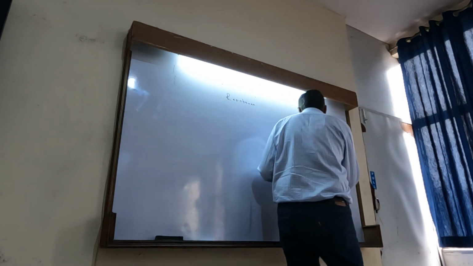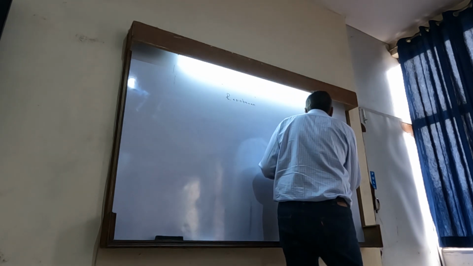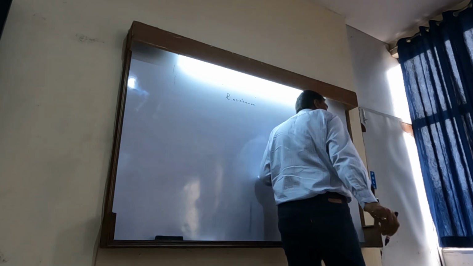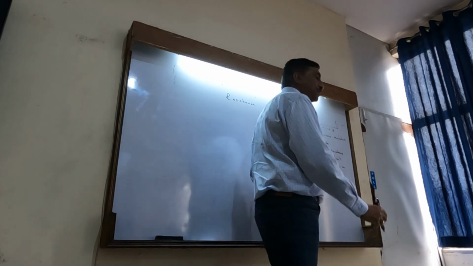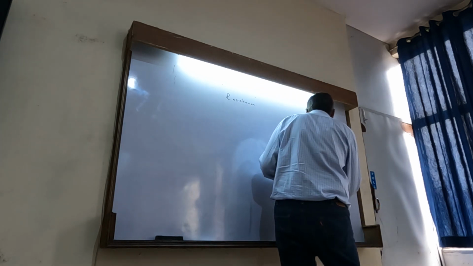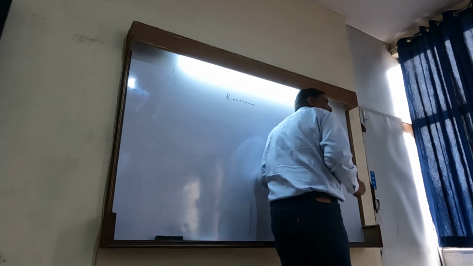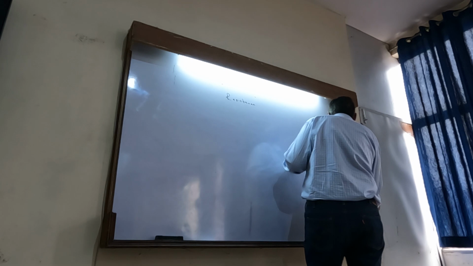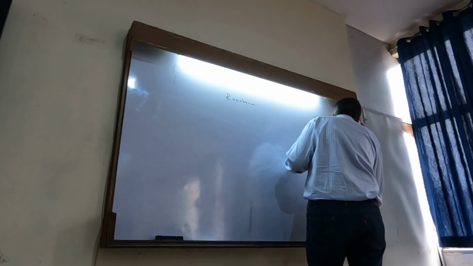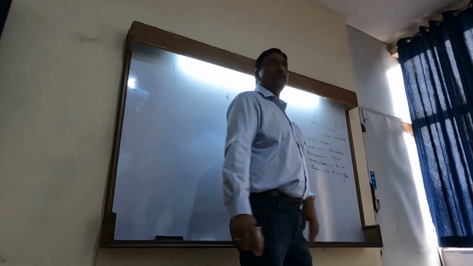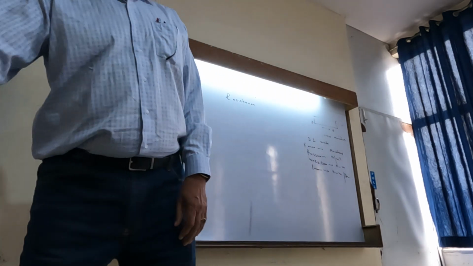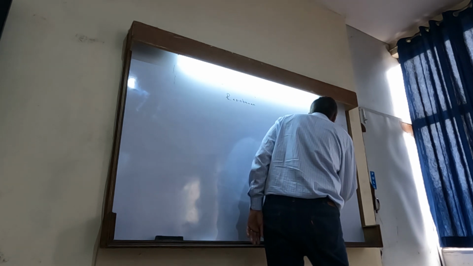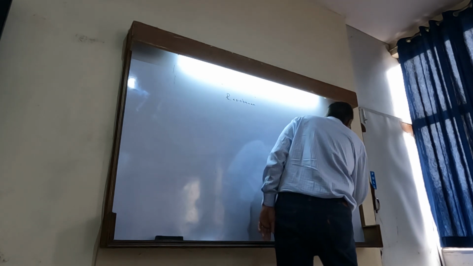The unit of work done is newton meter, and the unit of power, because power is nothing but rate of doing work, is newton meter per second. One newton meter per second is equal to 1 watt of power.